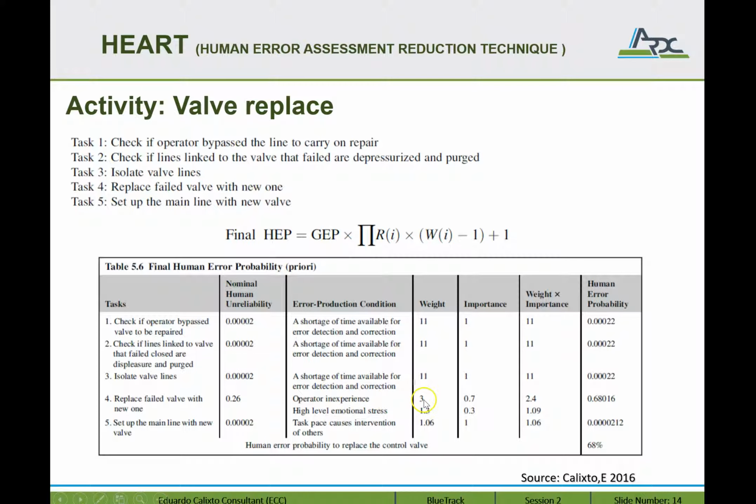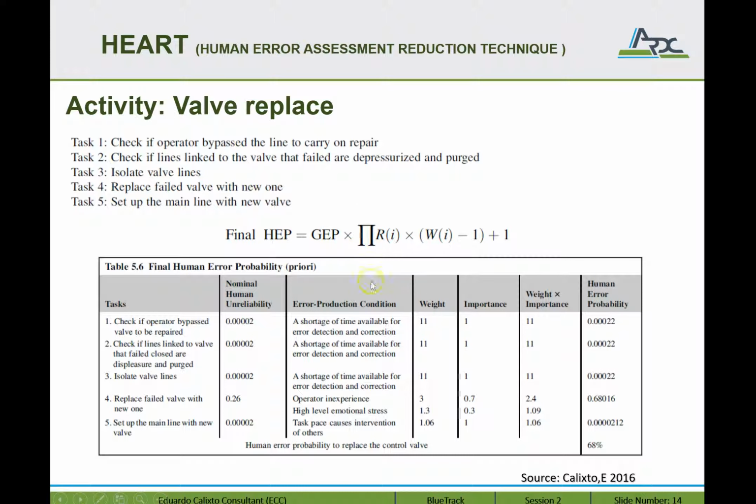So we have the weight, that is 3 minus 1. We have 2 multiplied by 0.7. That's a 0.7, that's importance. Plus 0.7, that is 1.4, plus 1 is 2.4.